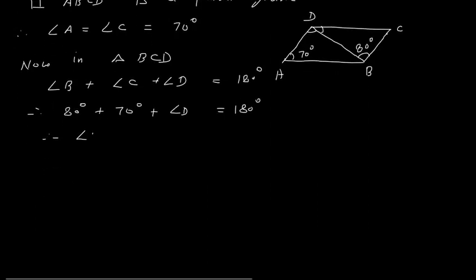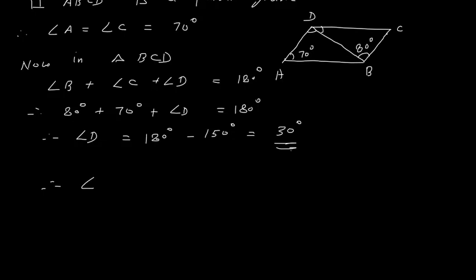So angle D is equal to 180 degrees minus 150 degrees, that will give 30 degrees. So angle D, that means angle CDB, is equal to 30 degrees.